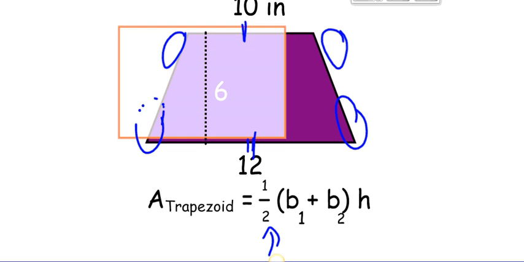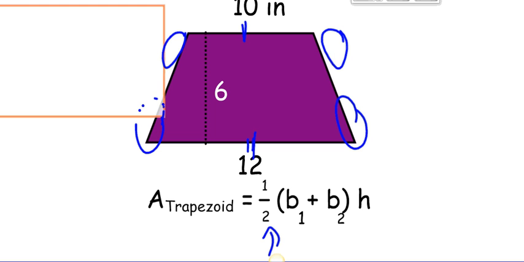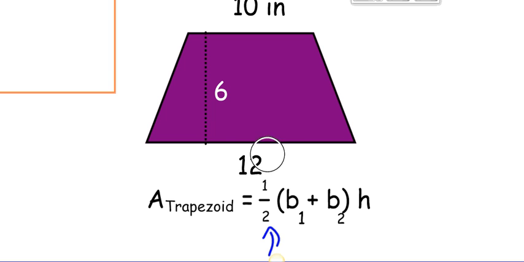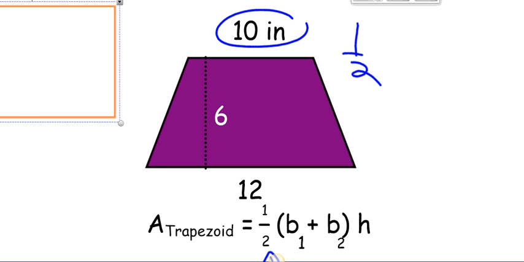So what does this look like when you use it? What we come away with is really a shape that looks like this. But let's move this stuff out of the way and talk about it. Plugging in our formula, we're going to start with 1/2. We're going to take our base 1 and base 2. The order really doesn't matter.